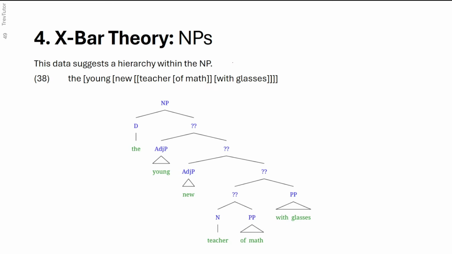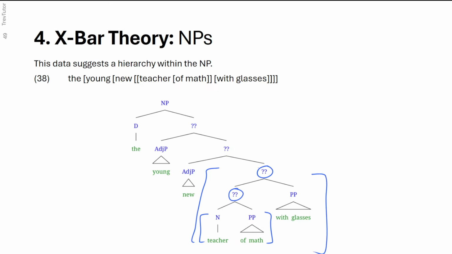And I'm going to show you what this looks like. So I'm going to put a bunch of question marks because we don't really know what they are yet. We know they're going to be bar levels, but just for the sake of demonstration, let's assume we don't know yet. So we know that teacher of math is a constituent. So those two should form together to create something. And then teacher of math with glasses is also going to form a constituent.